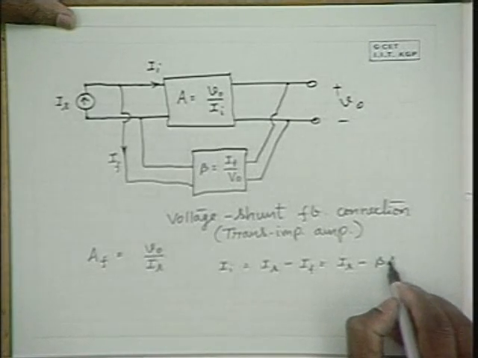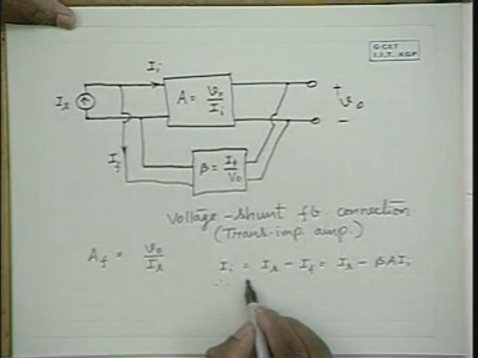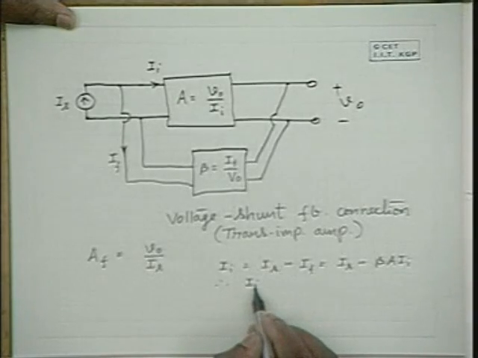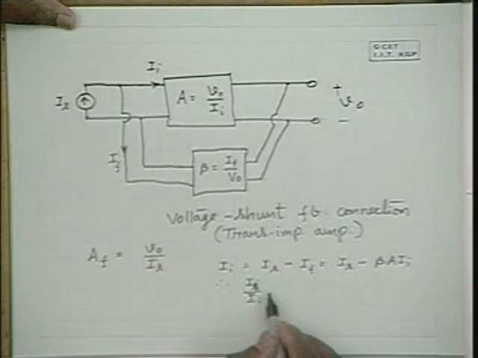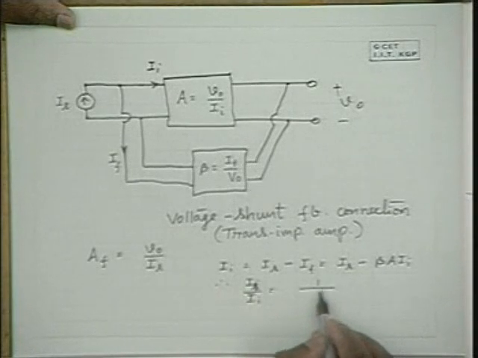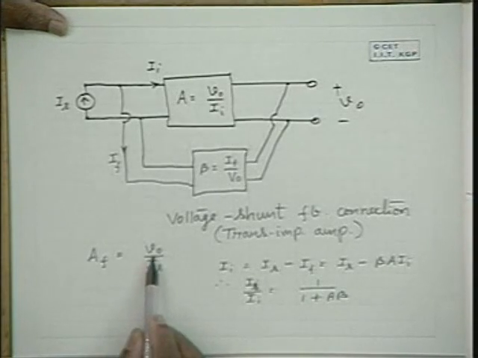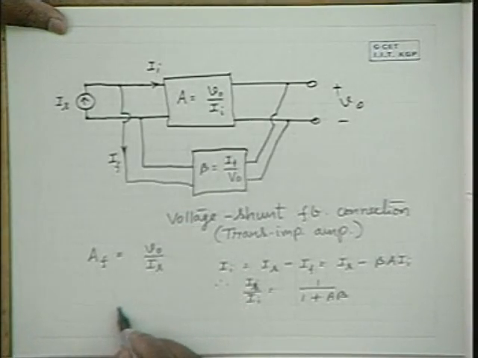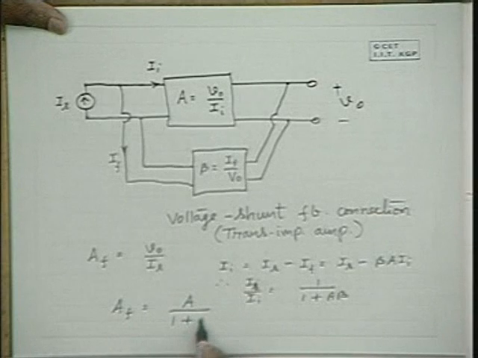Therefore, beta into A into II. Therefore, the ratio between II and IS is equal to 1 by 1 plus A beta. For V naught to IS ratio, V naught by II divided by IS, therefore AF is equal to A by 1 plus A beta.